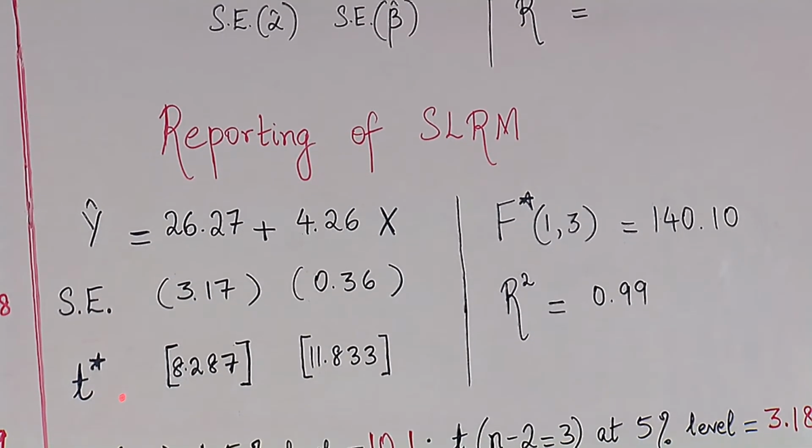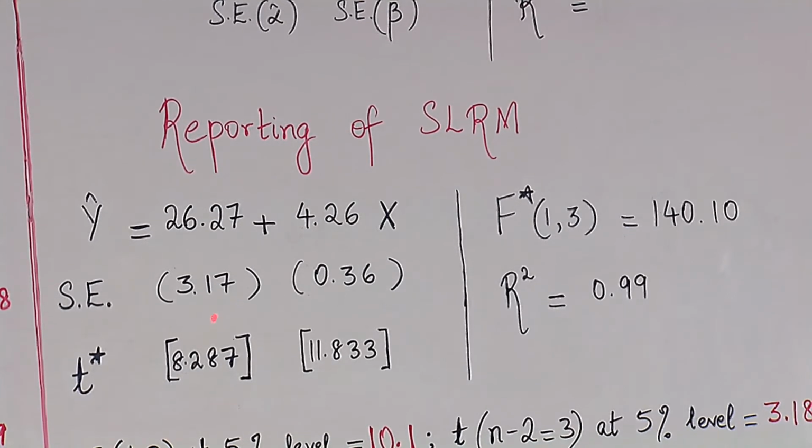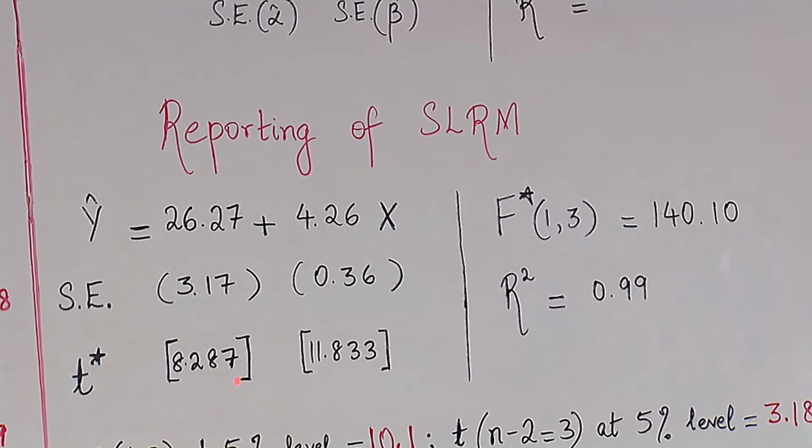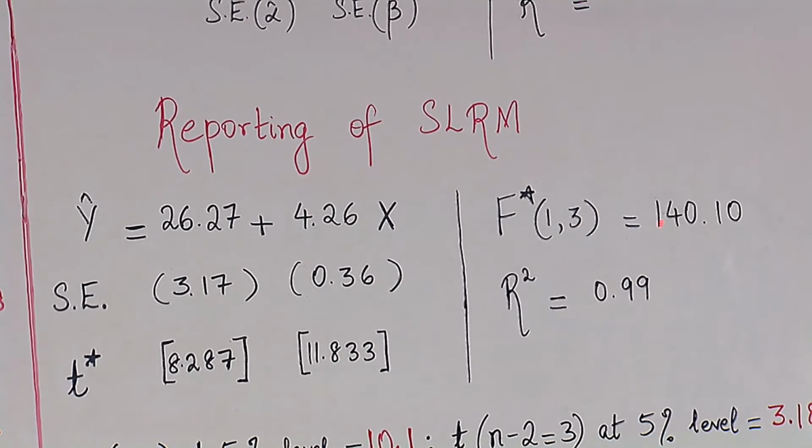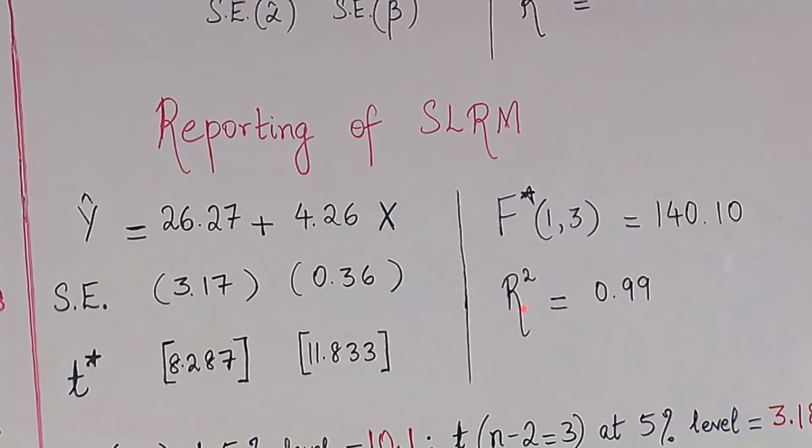The calculated t value for alpha hat is 8.287 and for beta hat it is 11.833. On the right side, we place the F statistics which we have calculated with 1,3 degrees of freedom. The value computed was 140.10. Similarly, the R square value that we obtained is 0.99.